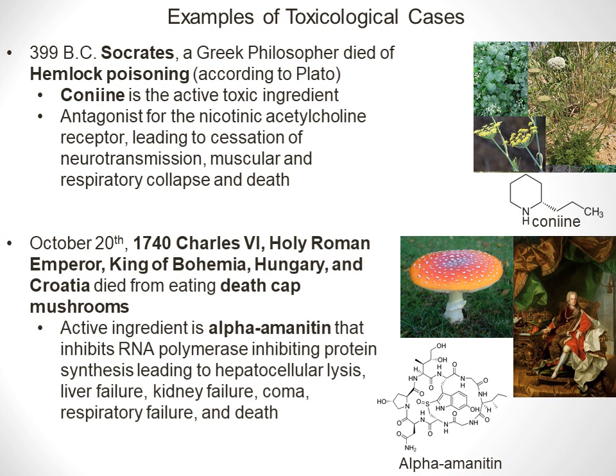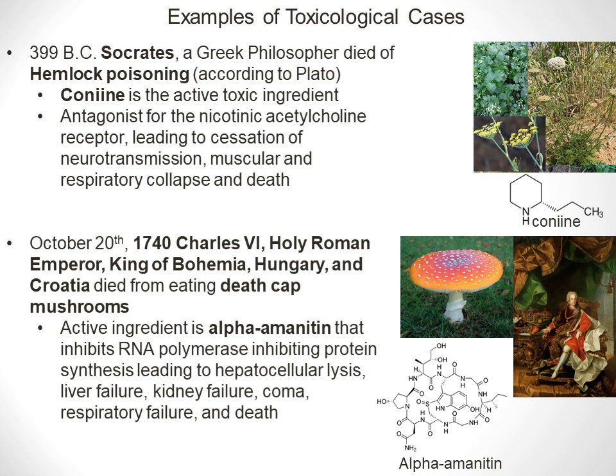The active ingredient or toxic agent responsible for it is called quinine, an antagonist of the nicotinic acetylcholine receptor, which results in the cessation of neurotransmission, resulting in muscular and respiratory collapse and death. So this is what the plant looks like, and this is the chemical structure of the quinine. So exposure, identification, all this is being done by toxicologists.